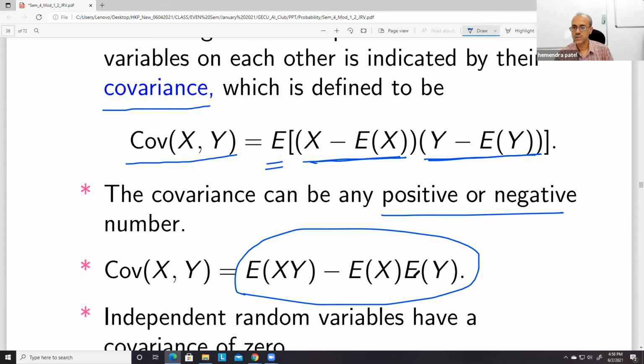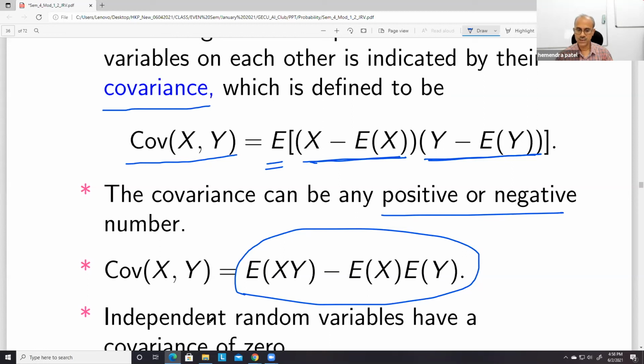So what you do, you just expand this, take the product (x minus Ex)(y minus Ey), and then apply E. Finally, we get E(xy) minus Ex Ey. All right.